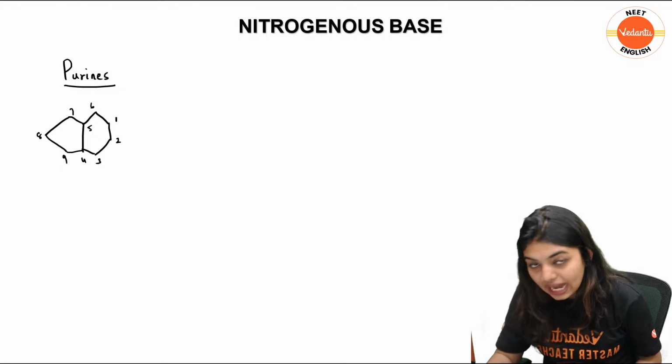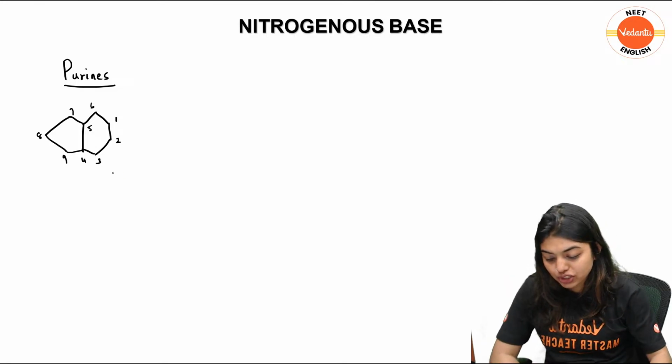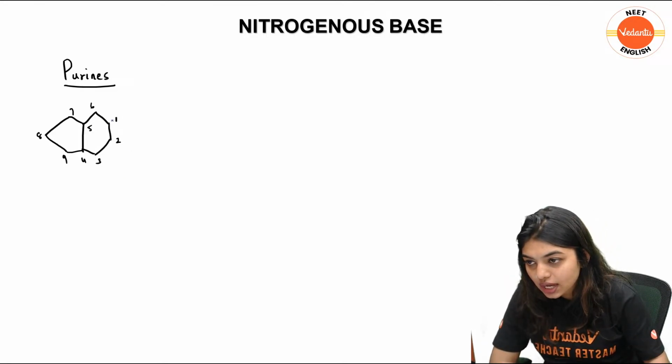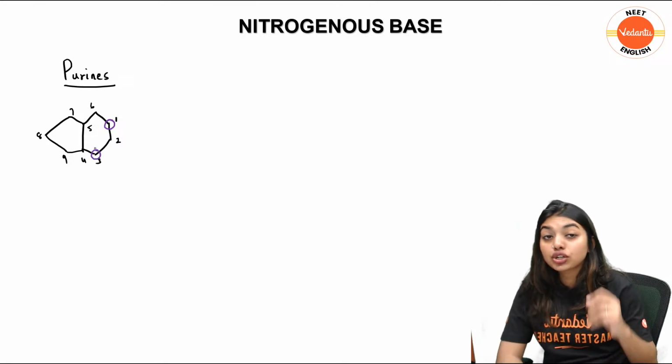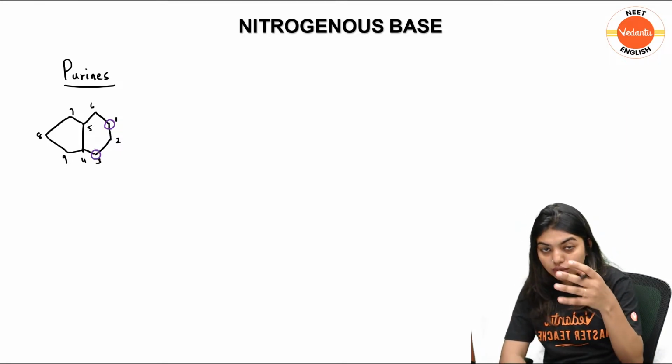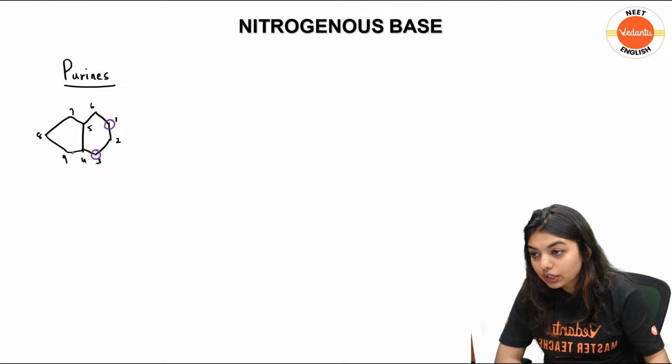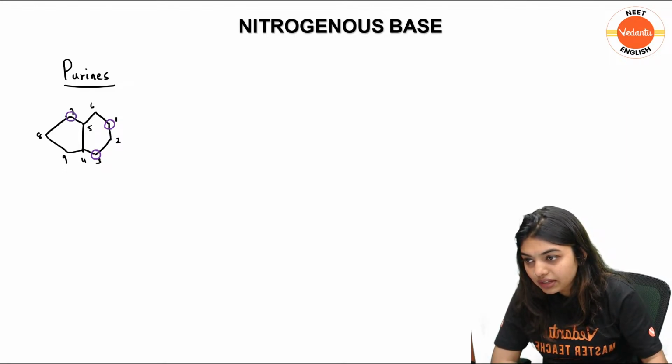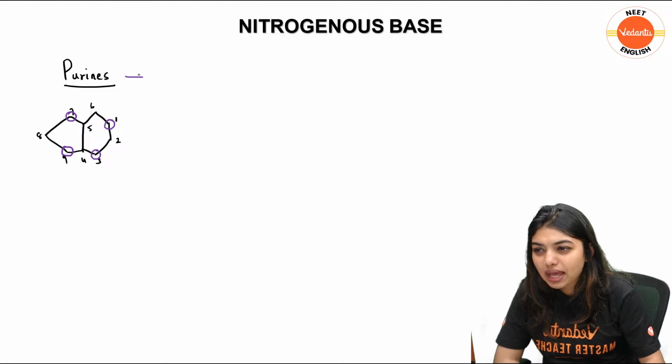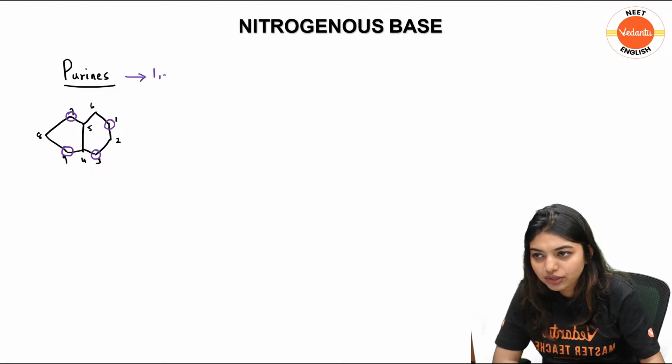Which are those 4 positions? You should remember this way: odd numbers. So it will be 1, 3, 7 and 9. If you know chemistry, you know there are para, meta positions and all. I'm not going to teach chemistry. 1, 3, 7, 9 will be the nitrogen-attached positions.